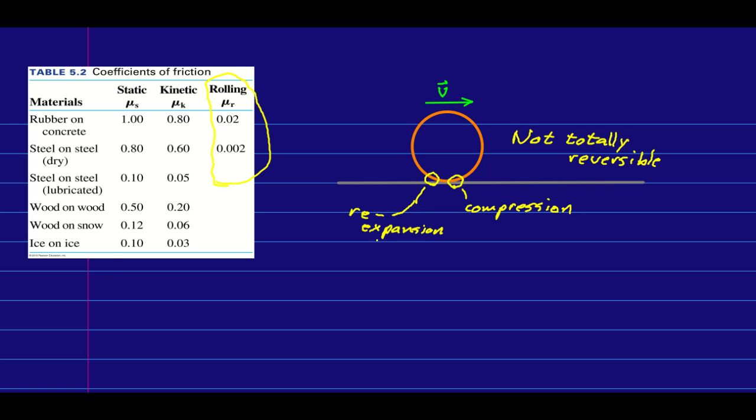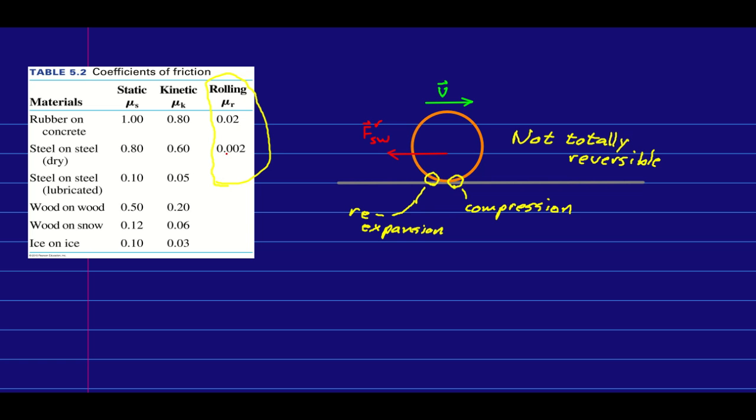The re-expansion doesn't quite undo the compression perfectly, and so that means some energy is dissipated in this process, and a wheel or ball or something rolling along must slow down gradually because of dissipation. And because it's slowing down, that tells us there must be a force back against the rolling, and this is a rolling friction.